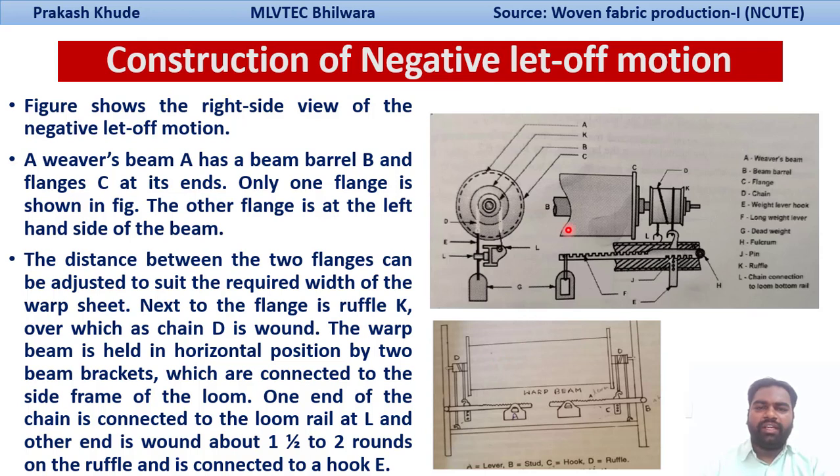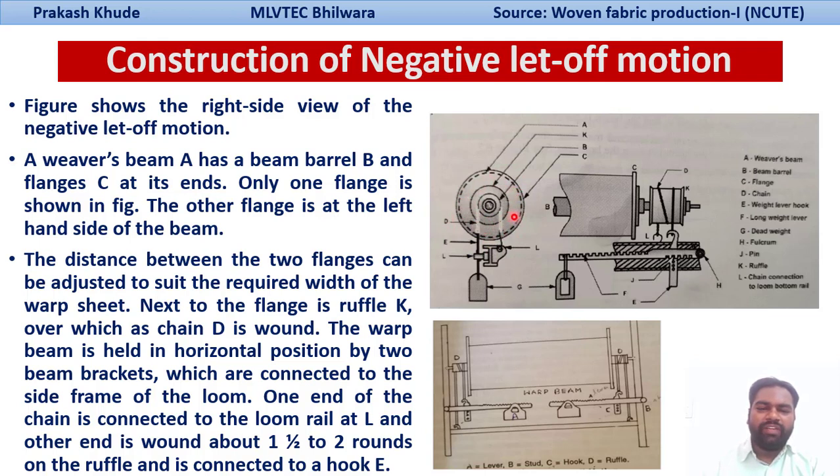We are seeing the right hand side view of the negative let-off motion. In this, the weaver's beam A has a beam barrel, that is B, and it has flanges C at its ends.